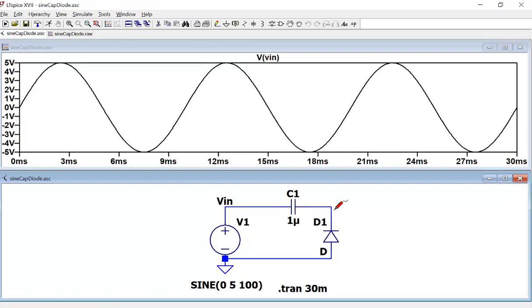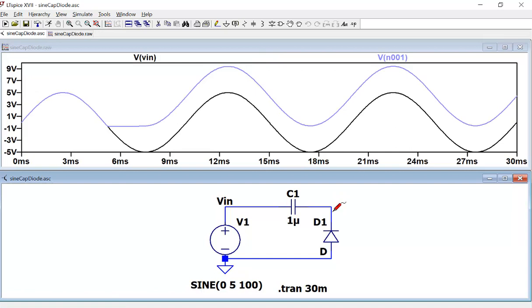So that means the lowest voltage here becomes 0, not -5 anymore. So it has to go up to 10 volts. The first time it charges this guy to 5 volts, and the next time it's going to go up based on that 5 volts. It's going to step up.